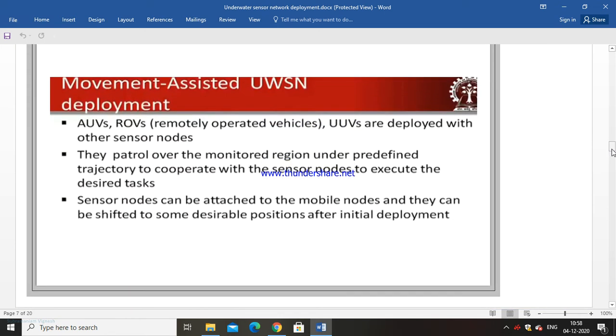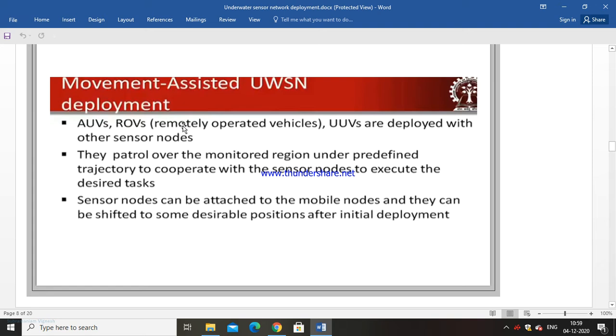Now the movement assisted underwater sensor network. There is a vast difference between self-adjusted static and movement assisted underwater deployment, because we use autonomous undersea vehicles in the movement assisted sensor network.